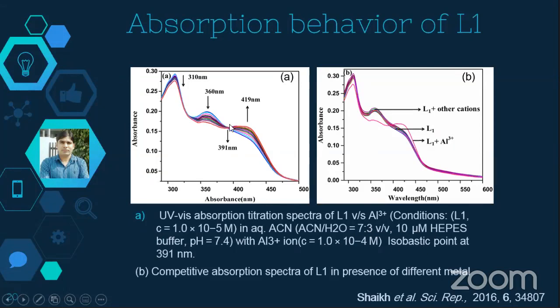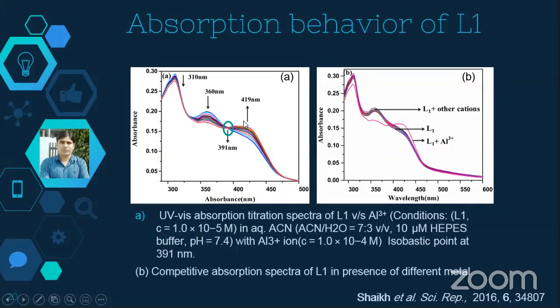What we found is that with the increase in the addition of concentrated aluminum ion solution, you can see this particular peak started decreasing, and a new peak comes up at 360 nanometer, followed by 419 nanometer.